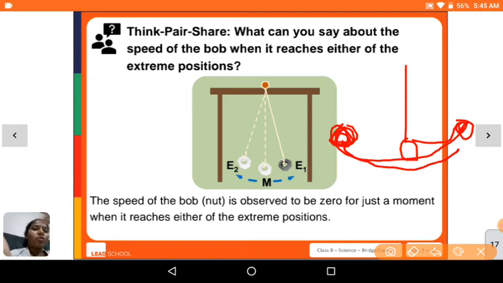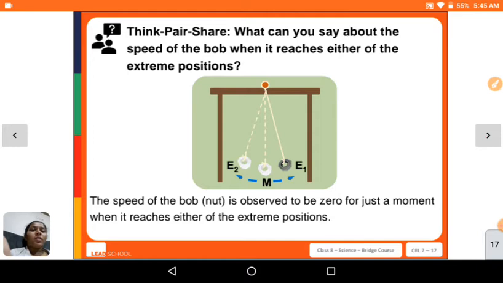It will be stopped there. Even when it reaches the other side, there will be a microsecond when its speed becomes 0. So the speed of the bob is observed to be 0 for just a moment when it reaches either of the extreme positions.